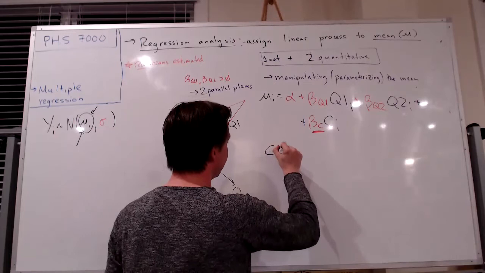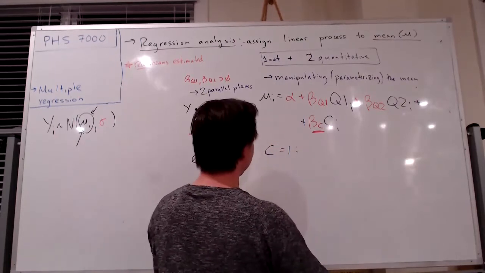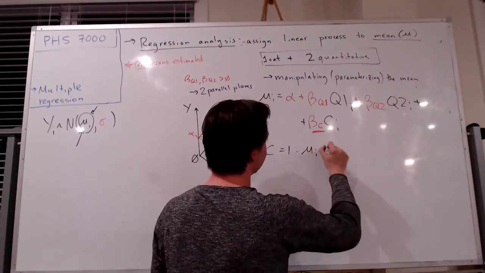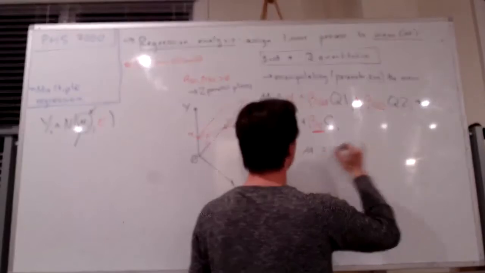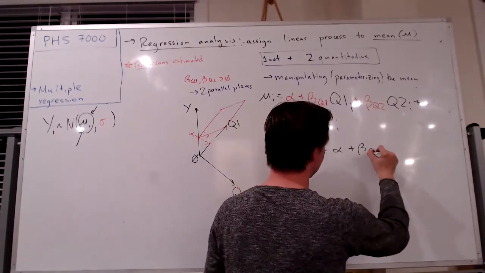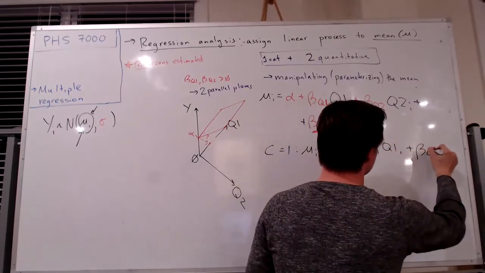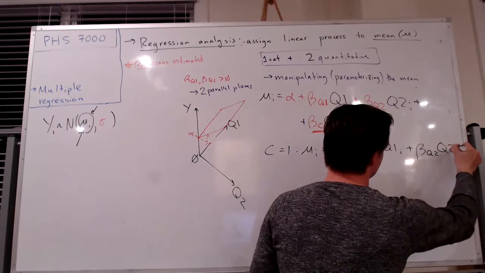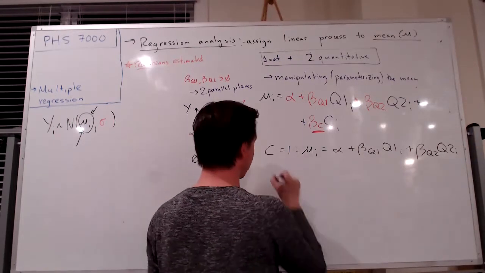Where C is equal to 1, that's my plane. Why is that a plane? Because I still have 2 quantitative variables when I fix my categorical variable at 1.